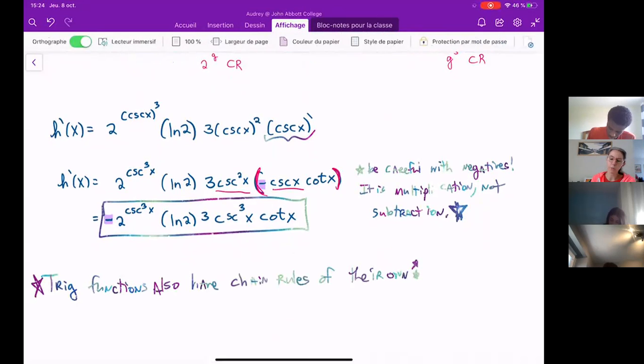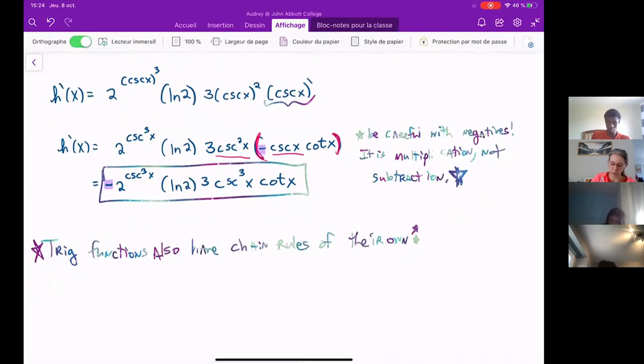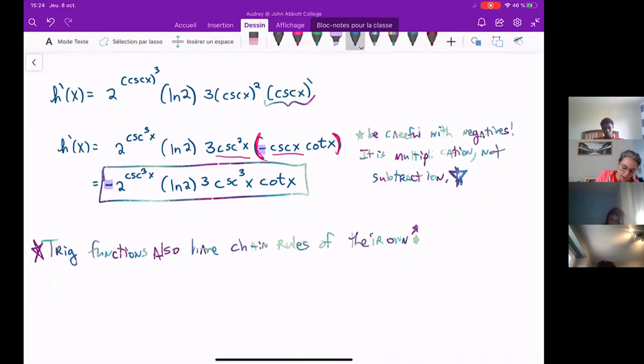So I'm just going to do this with sine to start. Is this sine times x? Yes or no? Is it sine times x?